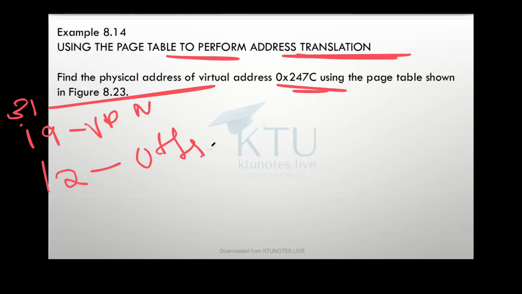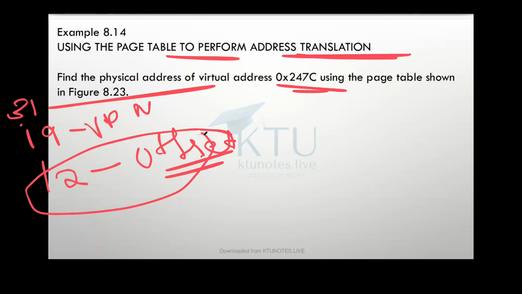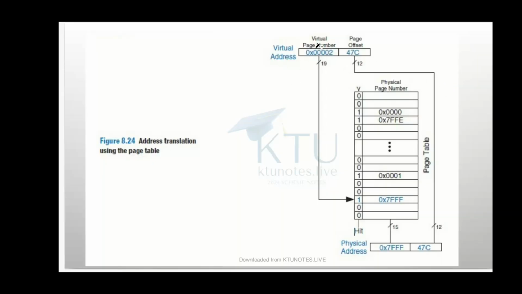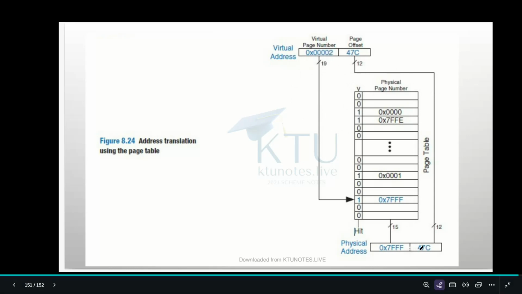The offset stays the same for the PPN as well. Then we check the virtual page table. Here the virtual page number is 2, which is 19 bits, and the offset is always the same.